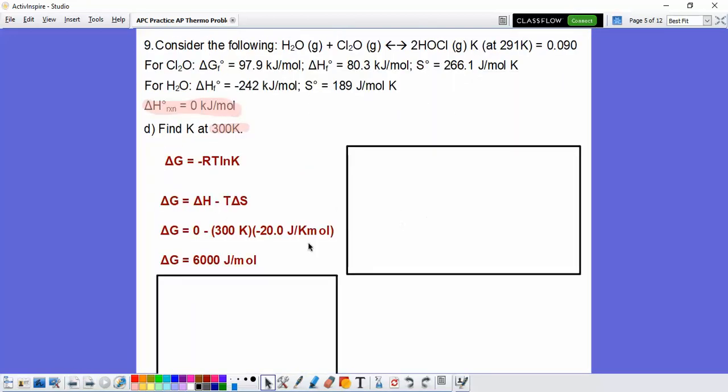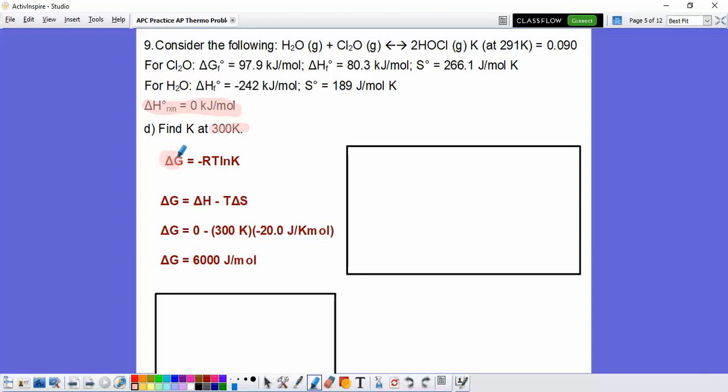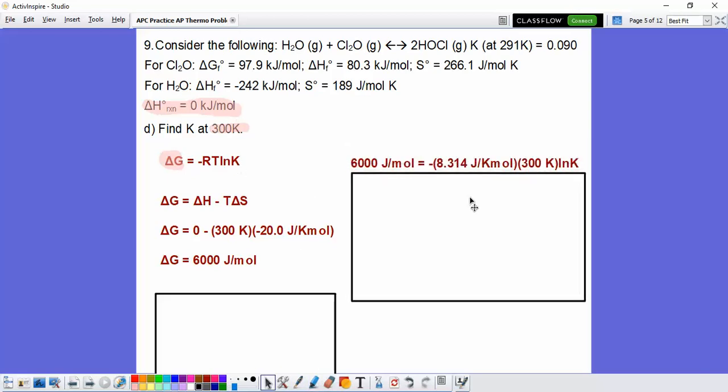Okay, so now we're going to plug this 6,000 joules per mole in for my delta G up here, and then I can solve for K. Just make sure you plug in 300 for your Kelvin. And I'm just going to leave this in joules per mole. When I solved it here, the reason I didn't convert it is because I knew that 8.314 was joules per Kelvin mole already.